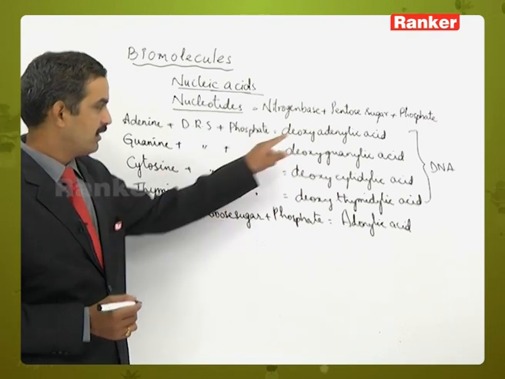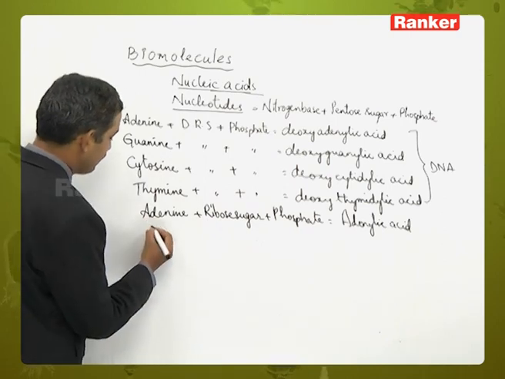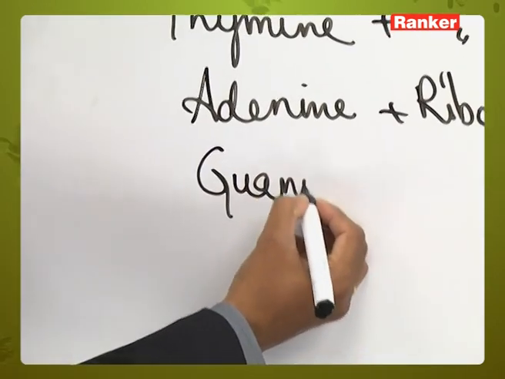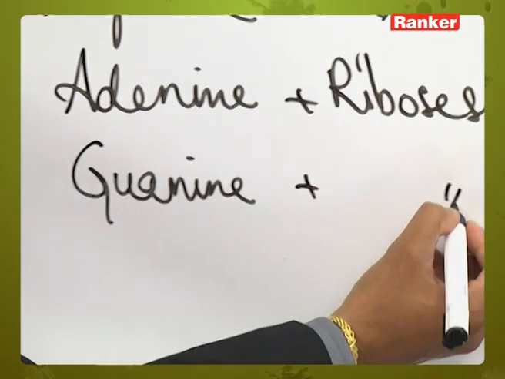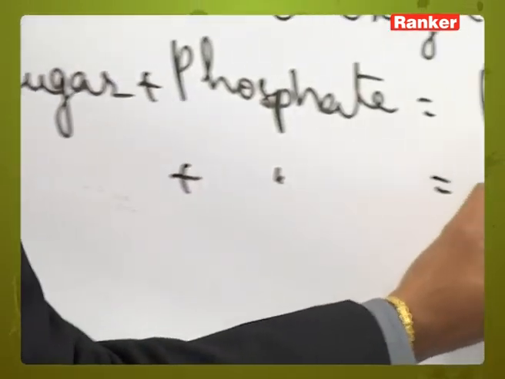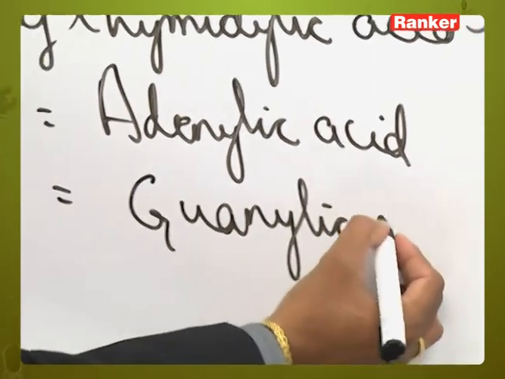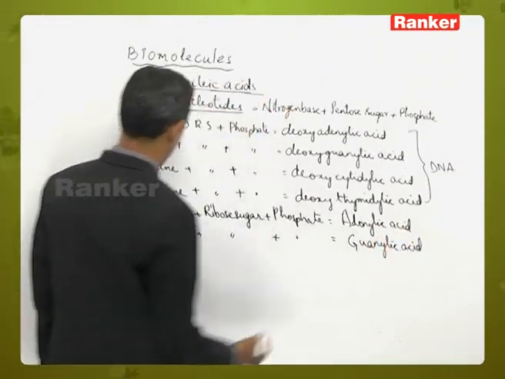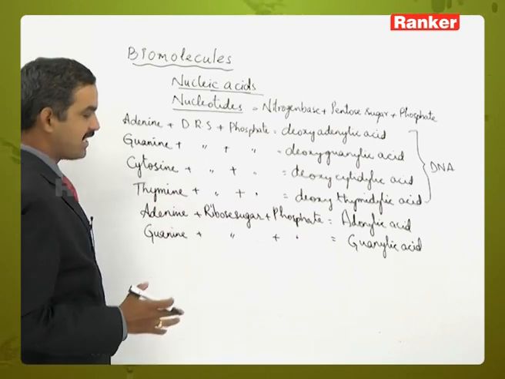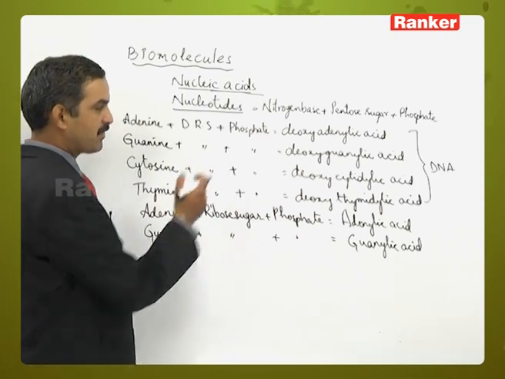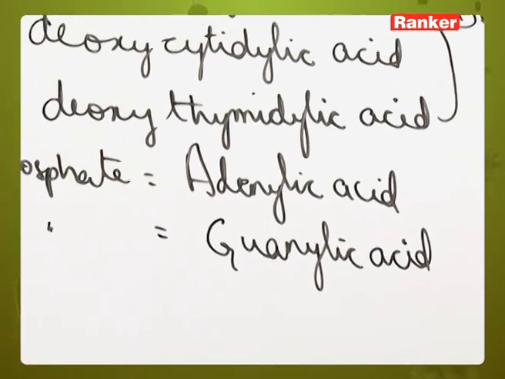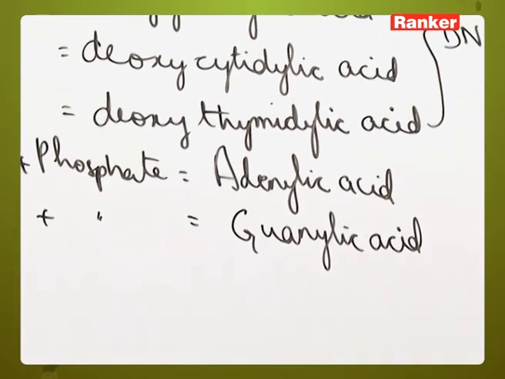Based on that, they are differing here. Then guanine plus ribose sugar plus phosphate, that is guanylic acid. Guanylic acid also differs from deoxyguanylic acid based on the type of pentose sugar.